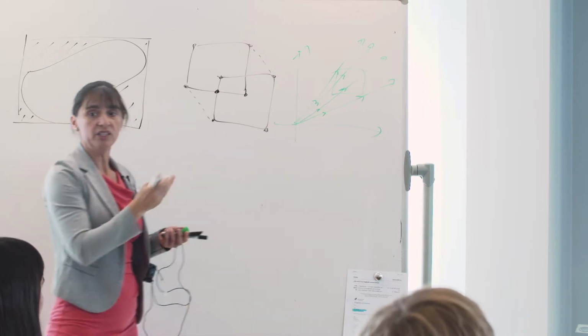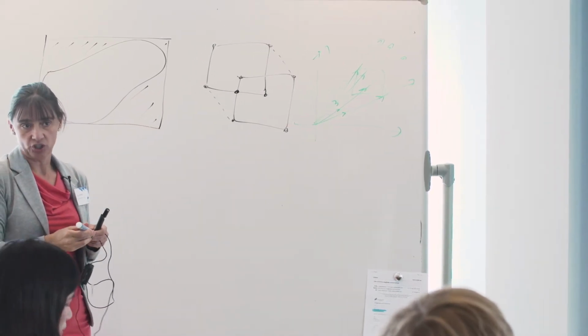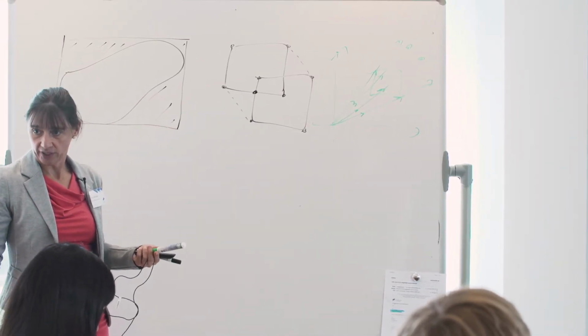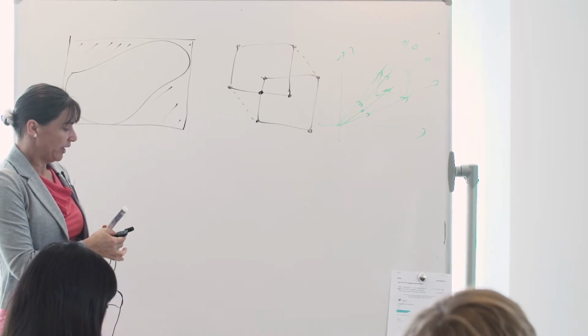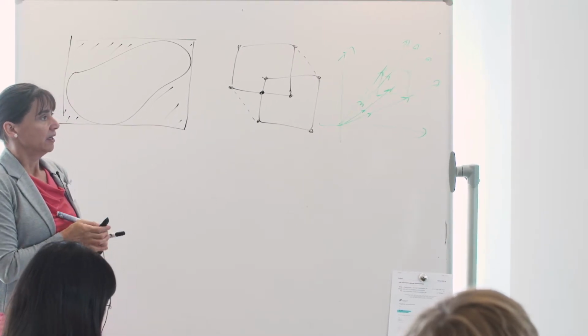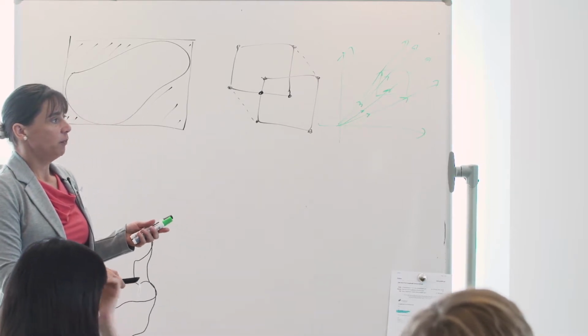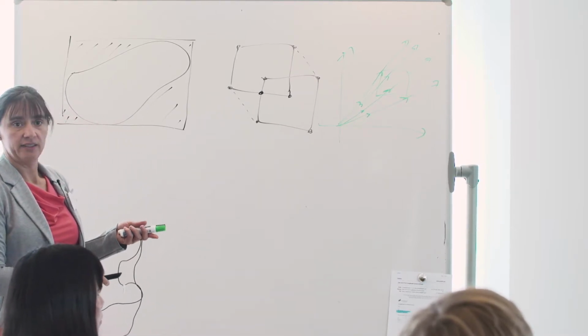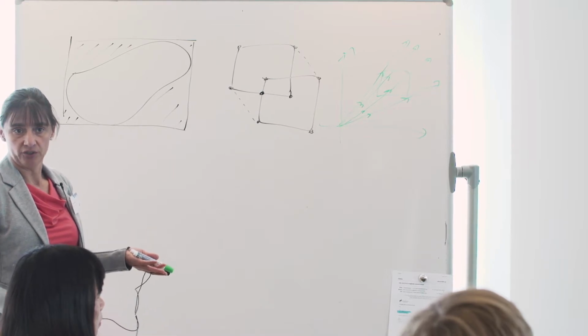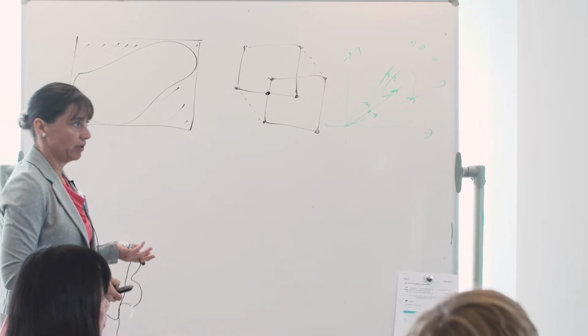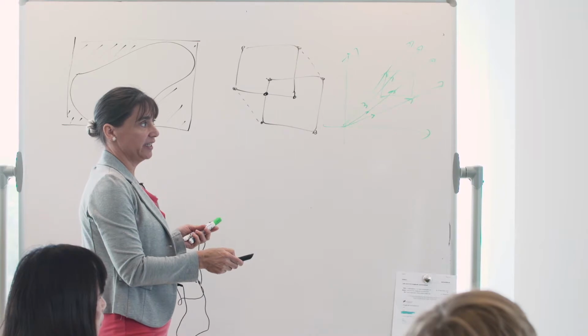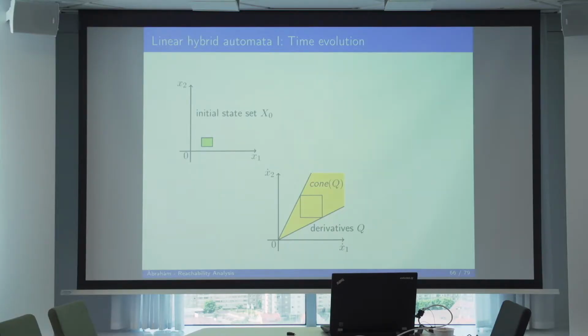OK? And all these vectors are possible changes for a certain duration. So what I get is what we call the cone of Q. Each point or vector inside of this cone is a possible change. So how to compute now from this initial set with this possible change?